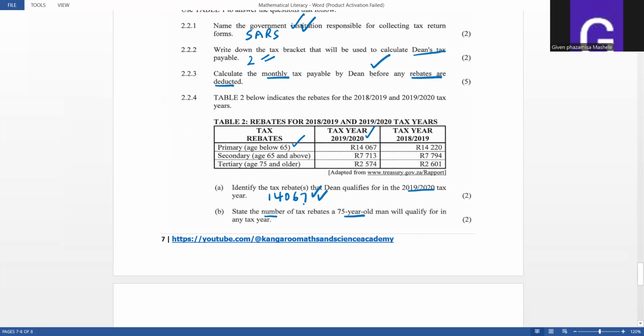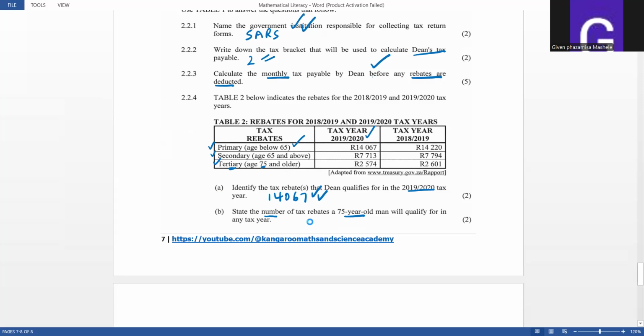A person whose age is 75 and above qualifies for primary, secondary, and tertiary. So he qualifies for 3 rebates.